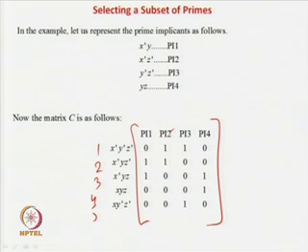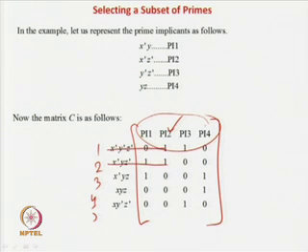Now what you have to do is find a subset of the prime implicants, P1, P2, P3, P4, so that the whole matrix is covered. Covered means, in this case, if I take P2, it covers term 1 and term 2.